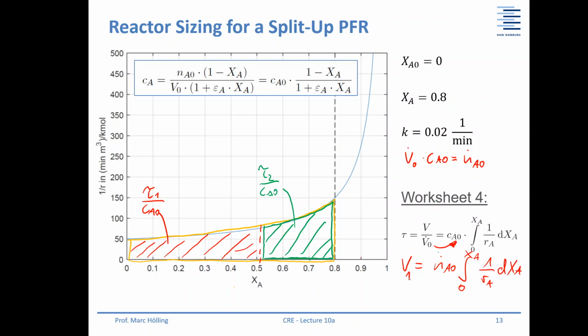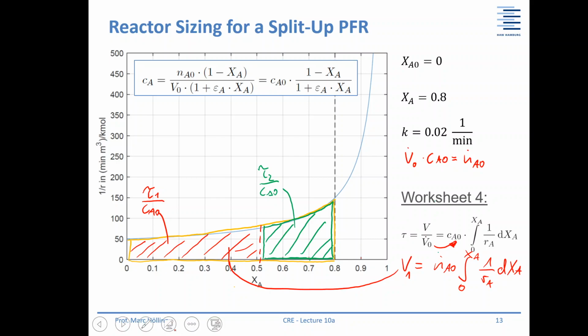So, this would be the solution for the red one. So if you want to know this volume here, then you can just calculate it by your mole flow at the inlet, and then you have to solve this integral.